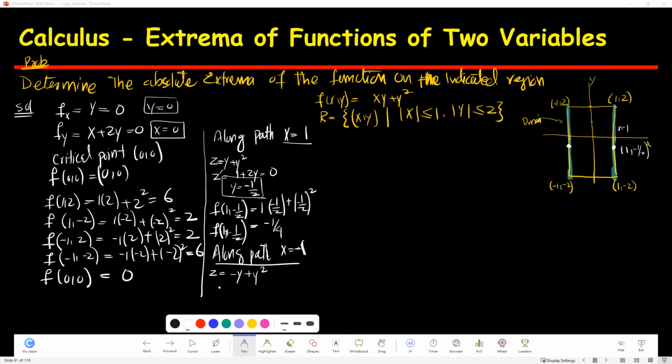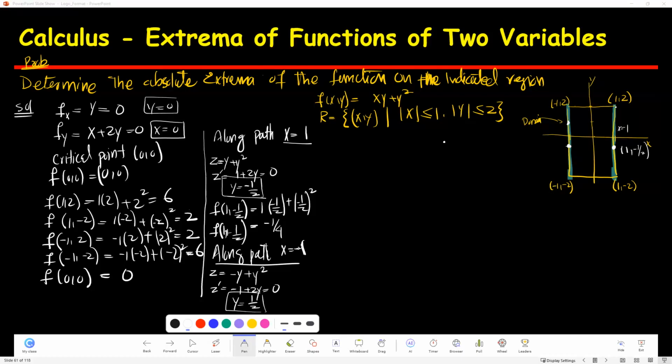And if I take the derivative, it's going to be minus 1 plus 2y equals to 0. And then I find the value from here is y equals to half. Okay, I take this half and then 1, and somewhere here, maybe here, right? This is my value of this point, pretty much minus 1 and half.